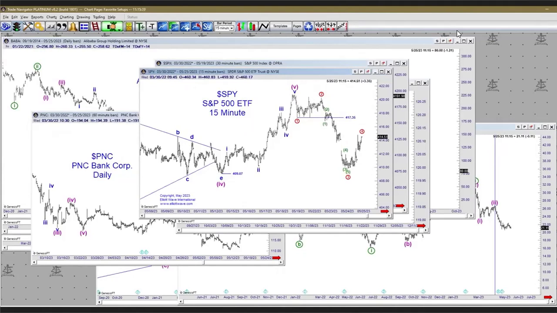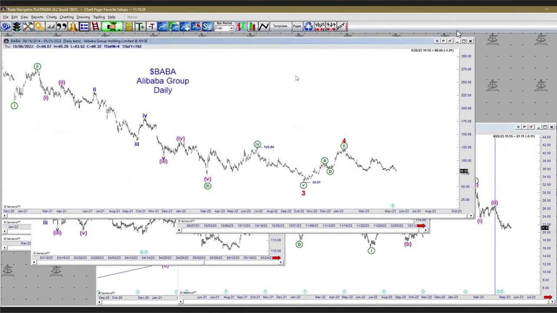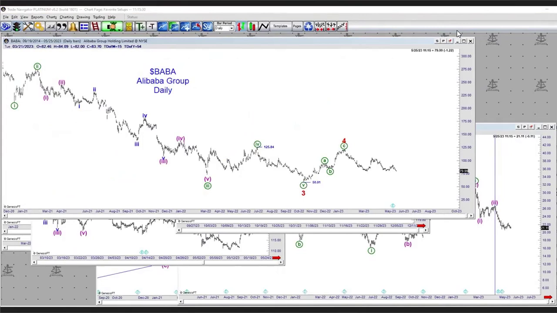Okay, so let's go to some examples that I covered here in real time. Let me pull up the lesson. So the S&P was a more recent, fresh example and came from the stock service.